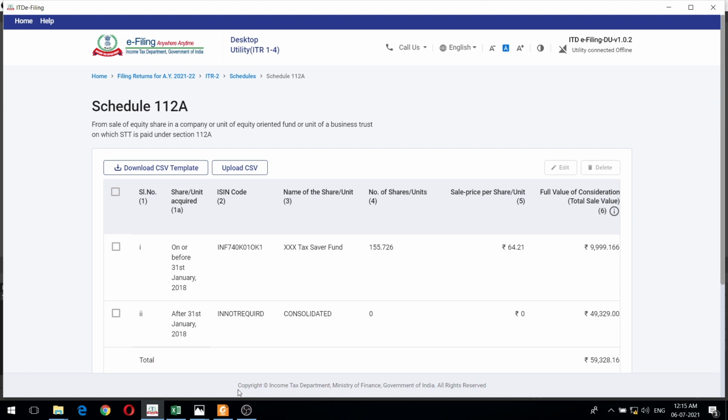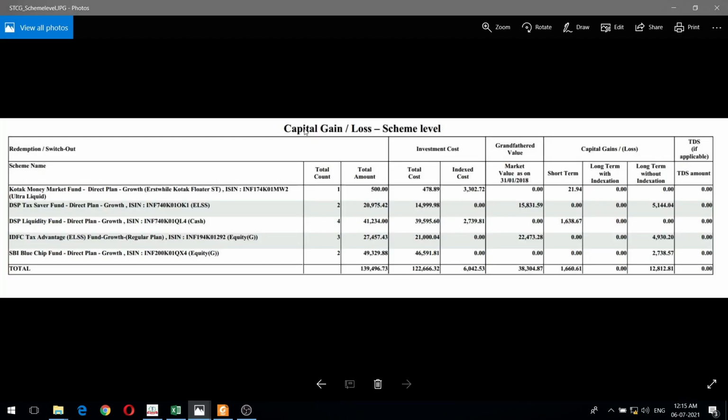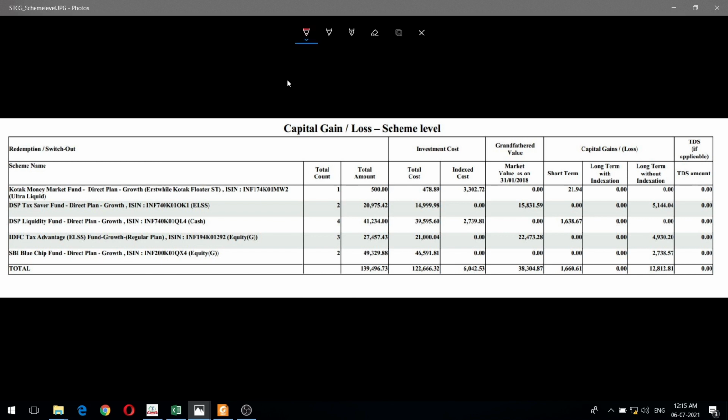Let me go to the capital gain tax statement once again. In this statement, if you see, the scheme level segregation is there. Let me draw it. There is a specific section, grandfather value, right?